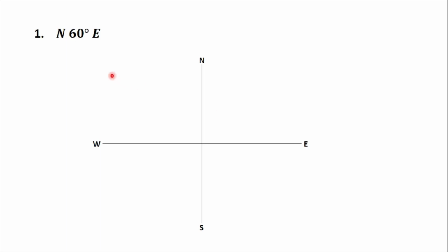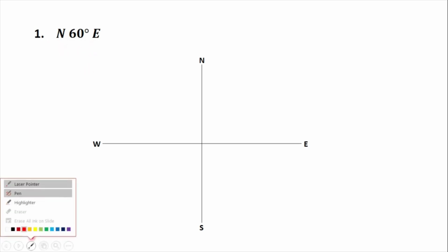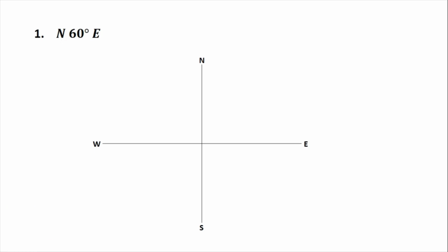So we will take the first question. North 60 degrees east. How do we represent this on the diagram? Now, when you are given a question like this, the first letter gives you an indication of where you have to start. Then the second letter gives you an indication of the direction in which you have to move. So the first one is north, which means that we are starting from the north. Then the next one is east, which means that we are moving towards the east.